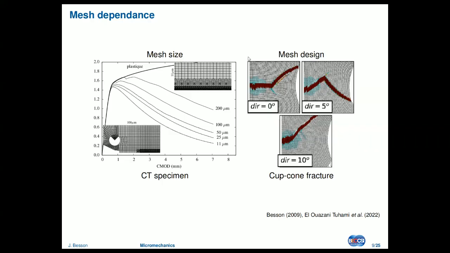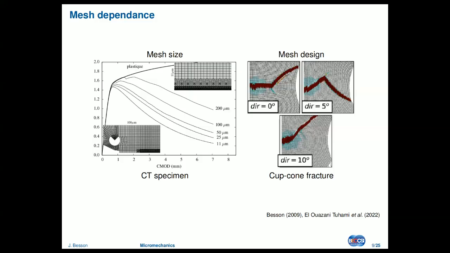So if I use a regular mesh, which is aligned with the direction of loading, I actually get cup cone. Now, if I slightly tilt my initial mesh, let's say by 5 degrees, there's no more cup cone, just zigzag. And then if I tilt by 10 degrees, I just have pure slant. So depending on how I'm designing the mesh, I will get different crack paths, which is a huge problem if you have very complex situation.